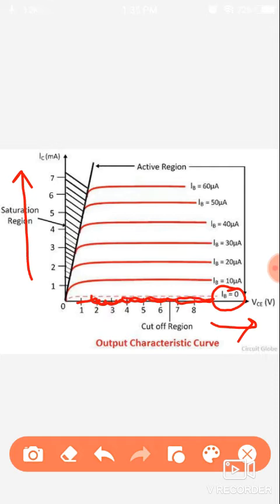In the cutoff region, the transistor will not flow any current from the collector, or we can say that the value of IC is equal to 0.